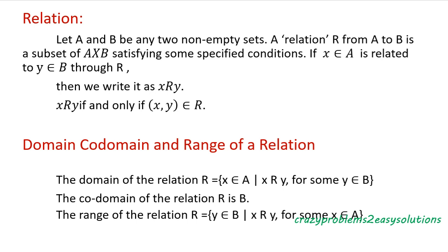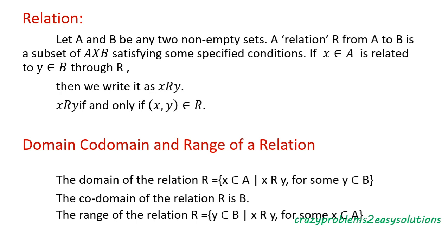For x belonging to capital A and y belonging to capital B, we can write in the relation form x is related to y, that means x R y. If x R y, then the condition is (x, y) belongs to capital R. Or else, (x, y) belongs to capital R means obviously x R y. That means x is related to y.